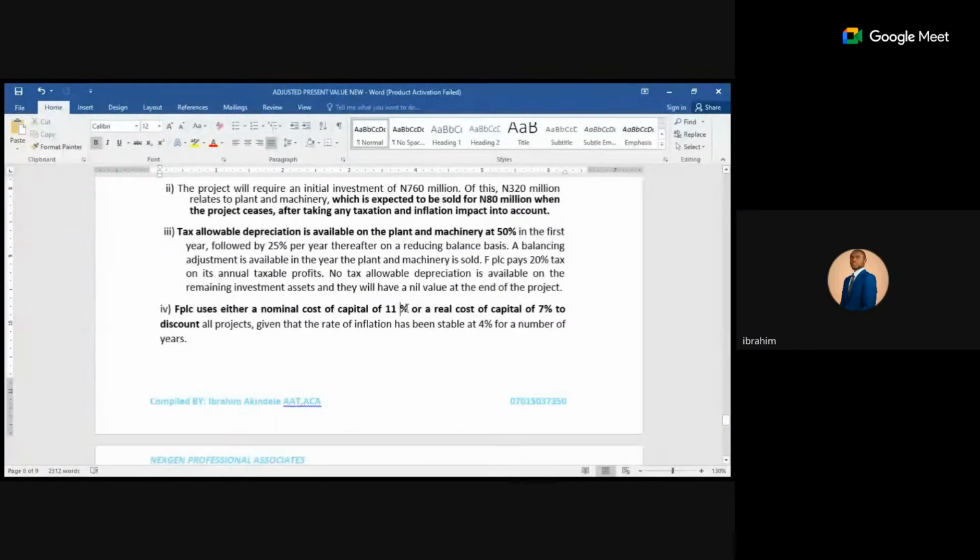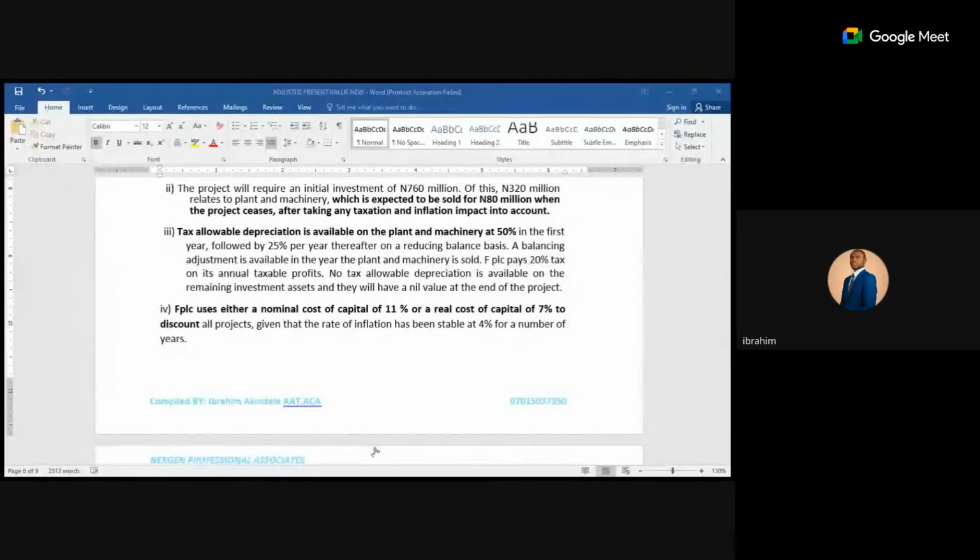Class, if I want to twist this question, they will not state the money cost of capital. They will tell you that they have a real cost of capital of 7%. So meaning that when you inflate your cash flow, you cannot use real cost of capital. Please don't forget this. You need to use money. So therefore, you have to convert your real cost of capital to money cost of capital.